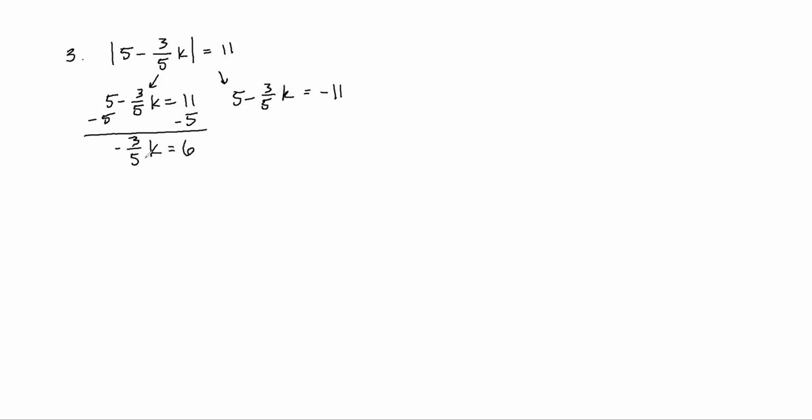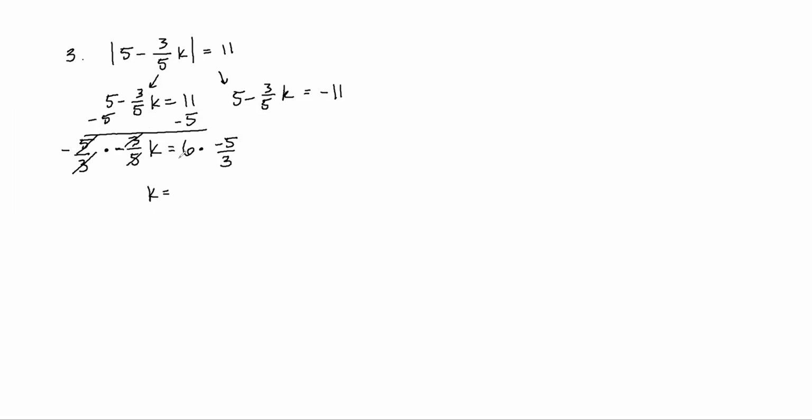And now to get rid of this fraction, remember to get rid of a fraction, we can multiply by the reciprocal. Make sure it's the same sign though, because negative times a negative is a positive k, which is what we want. So multiply both sides by -5/3. Everything should cancel on the left side. We get k.